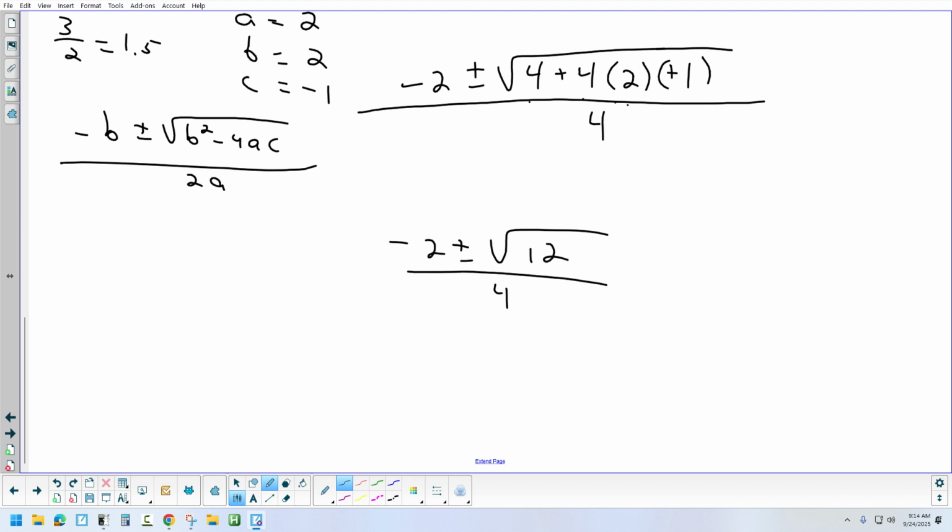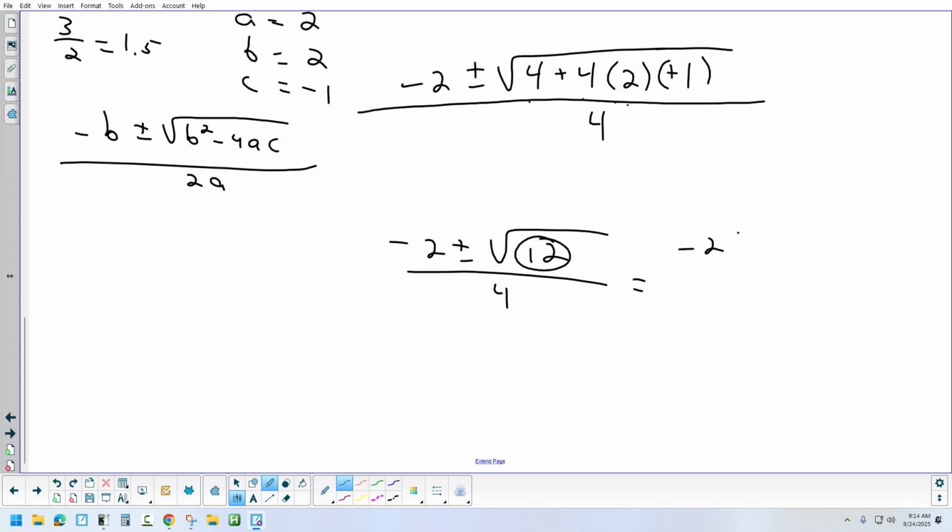And sometimes when you get to the quadratic formula, you get to that point, you are done. This one we're not, because of the 12. The square root of 12 is something you can simplify. That's not part of the quadratic formula. That's just part of arithmetic with square roots. How can we break up the number 12 into two numbers, something times something, where one of them I can take the square root of in my head? 4 and 3.